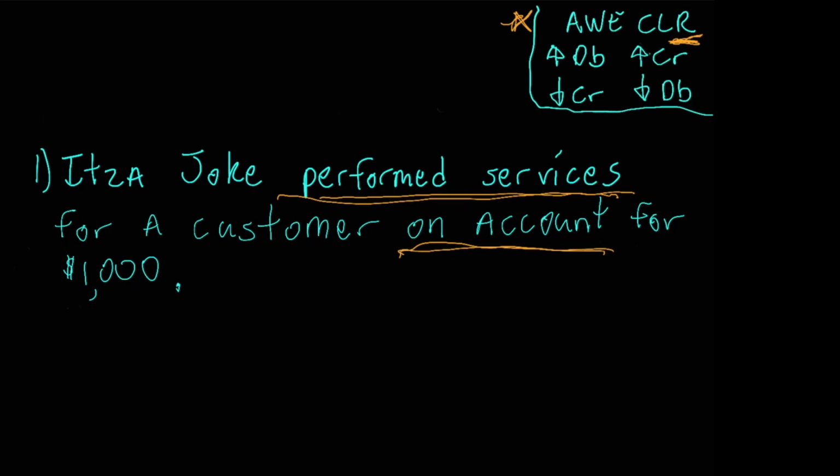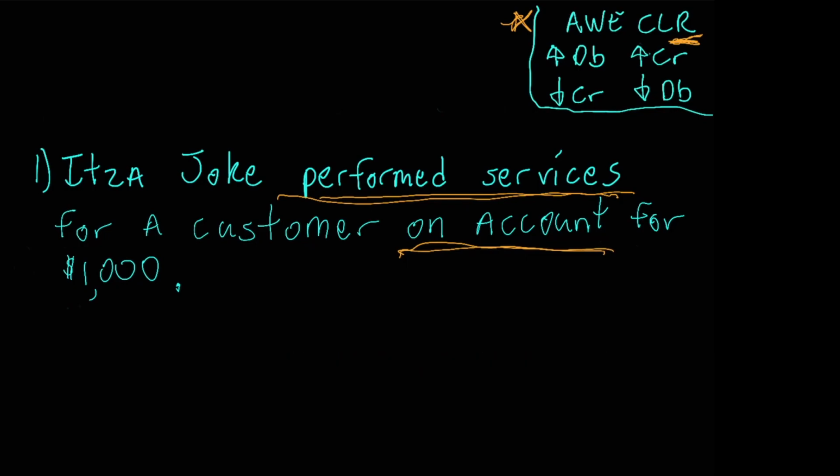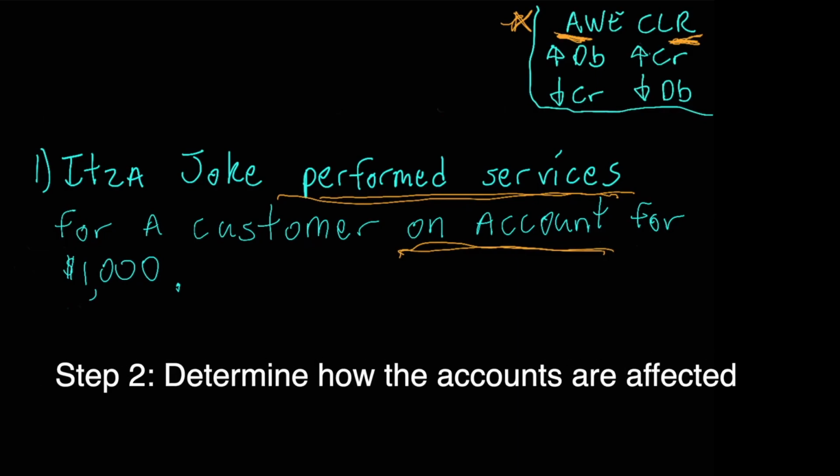Therefore, this is an example of an accounts receivable. And so we know that accounts receivable happens to be an asset, which makes accounts receivable a part of the all gain.